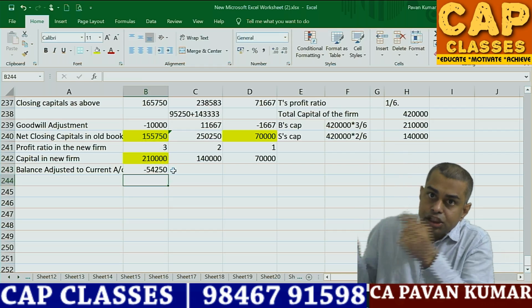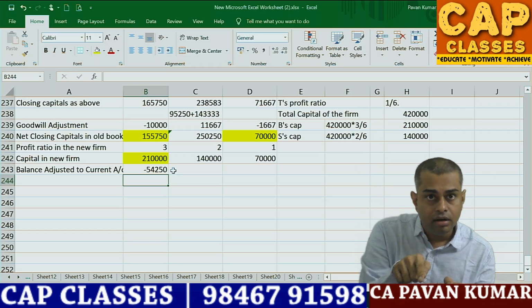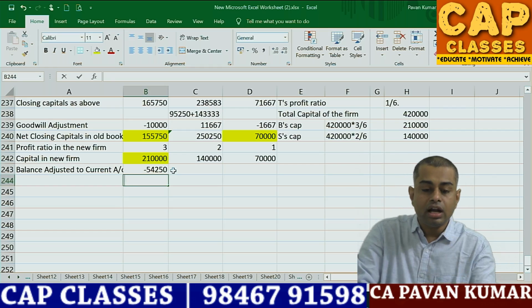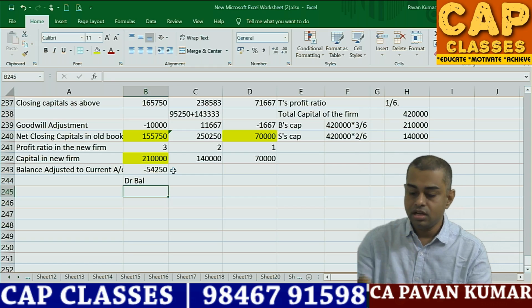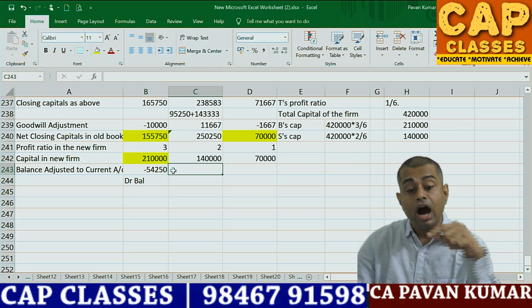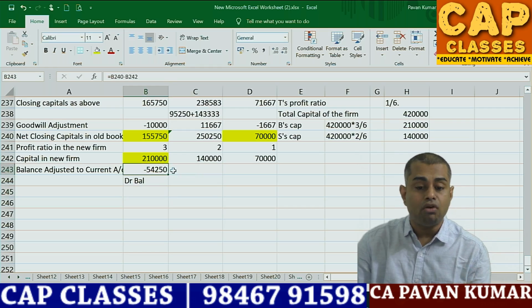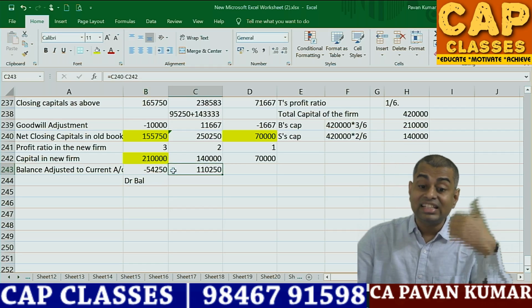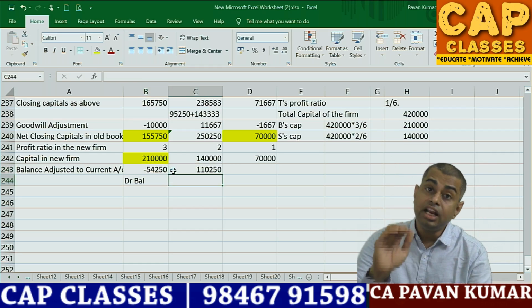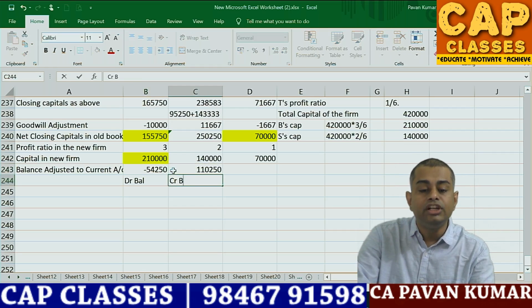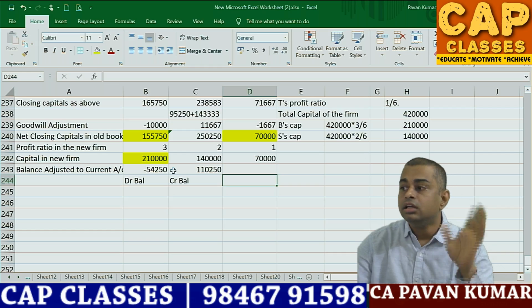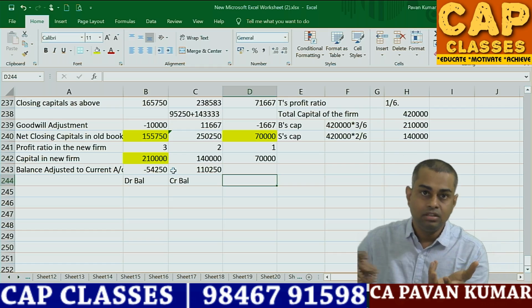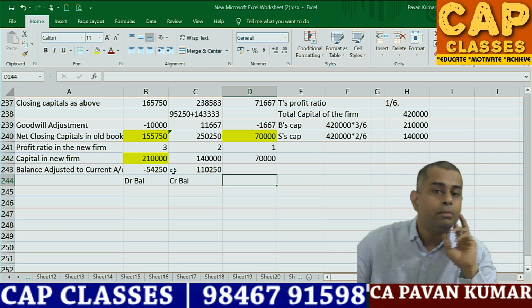Either cash is to be pooled in, or if you are not bringing cash, this will show a debit balance in your current account. Okay, second guy, already you have 250 in your account, but you need only 1,40,000. So you have excess 1,10,250. Either you take cash or this will show as a credit balance in your account. The third account will not show anything. Why? Because his balance is the basis, no? So his account will not show any debit or credit balance. That's all.